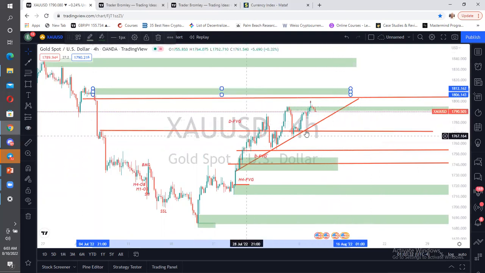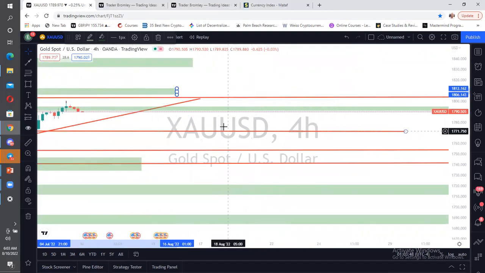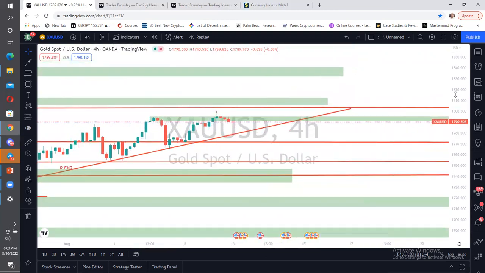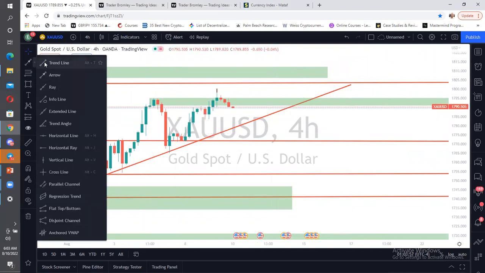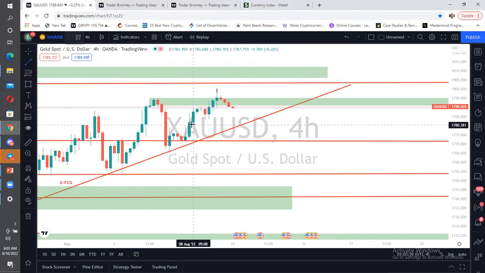So this took away this liquidity up here. We took it out, and then to come back down here to enter this fair value gap that we'll have in 4 hours. We'll have a small gap here in 4 hours here.